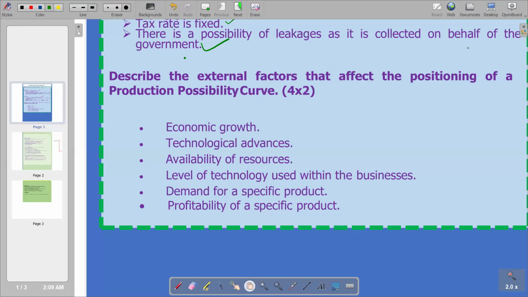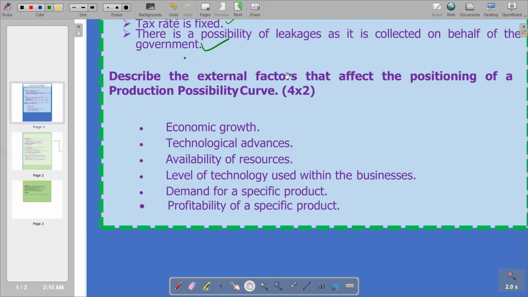The second part of our question is asking us about the production possibility curve. We know that a production possibility curve shows a combination of two goods that can be produced in an economy using a fixed amount of resources or inputs. The question asks us to describe the external factors that affect the positioning of a production possibility curve.